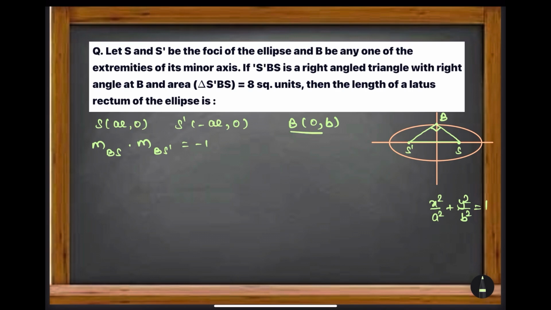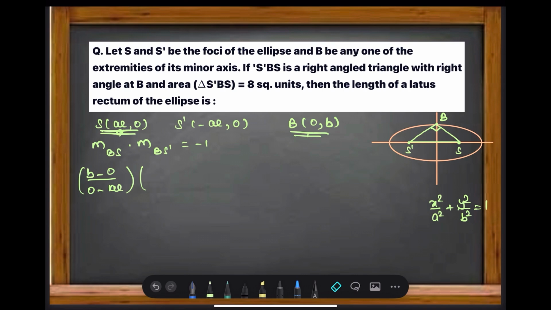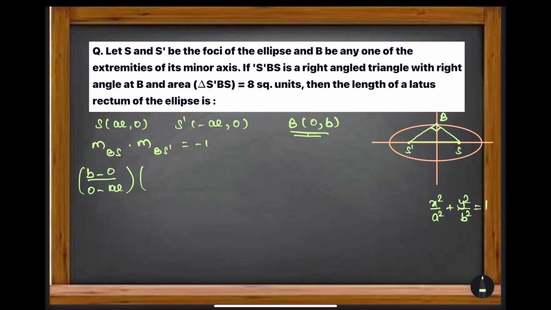You have point B, you have point S. So y2 minus y1, that is b minus 0, over 0 minus ae. Similarly for the other one, b minus 0 over 0 minus minus ae, so plus ae, is equal to minus 1.